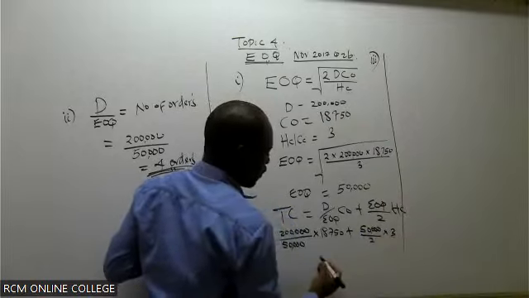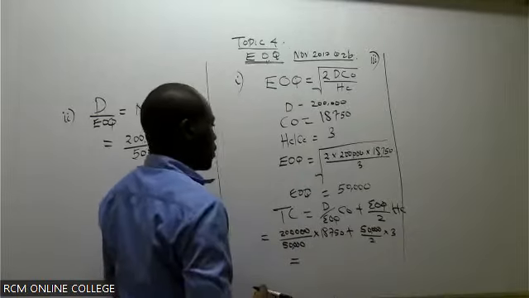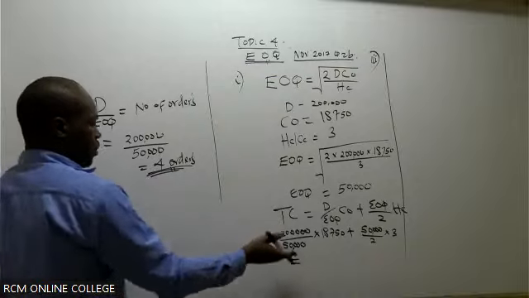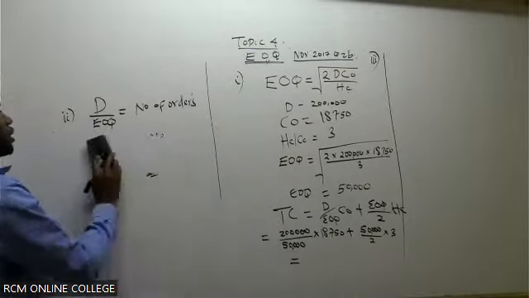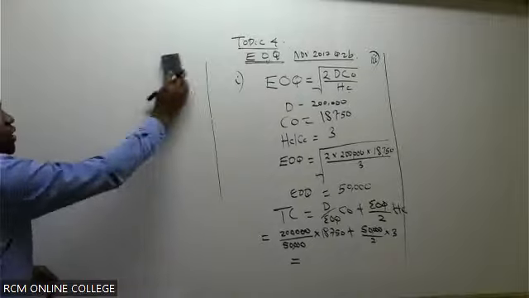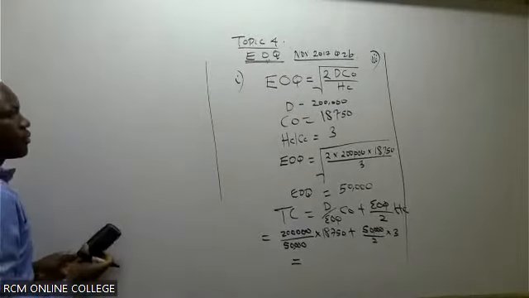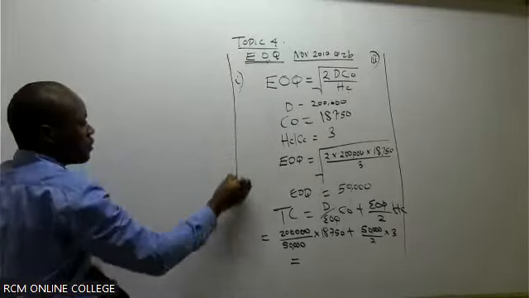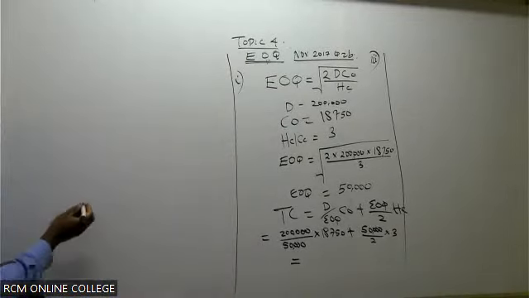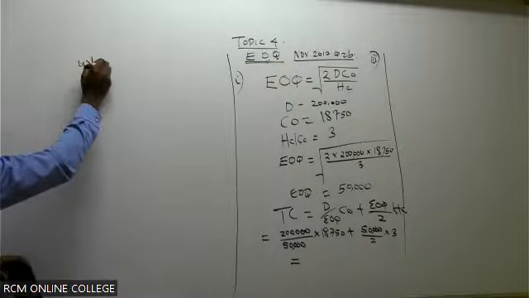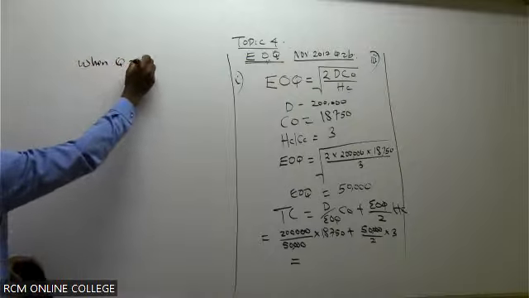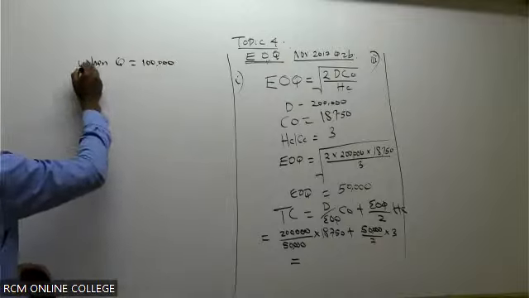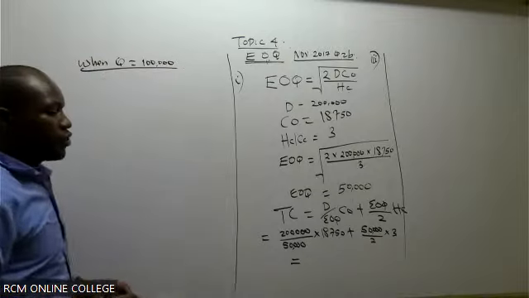So I want you to go ahead and give me the result here. Remember that we are dealing with economic order quantity. So go ahead and give me the total cost.